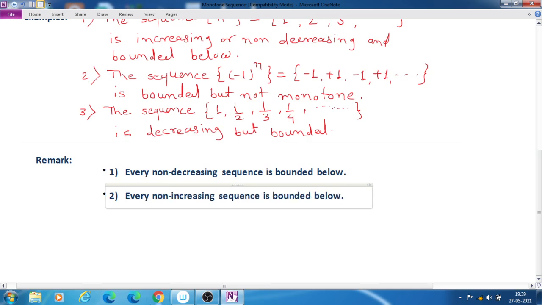A non-increasing sequence means a decreasing sequence, and every decreasing sequence is bounded above. The first term of that decreasing sequence is nothing but its upper bound, and therefore the sequence is bounded above.